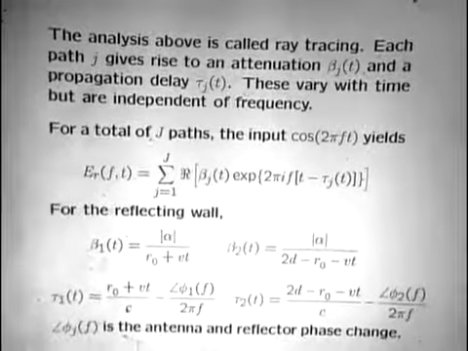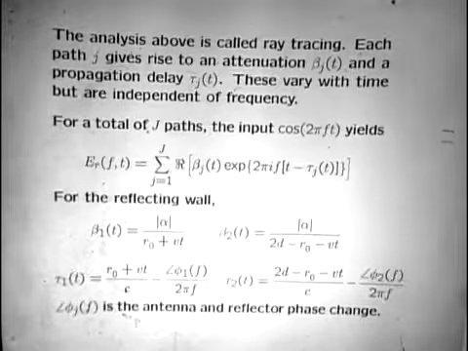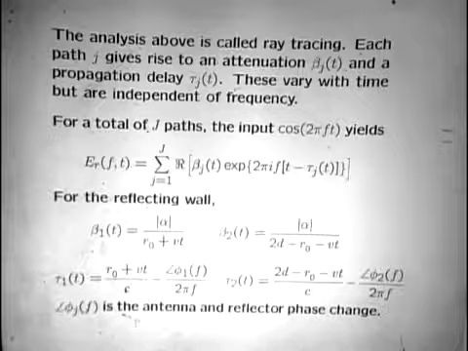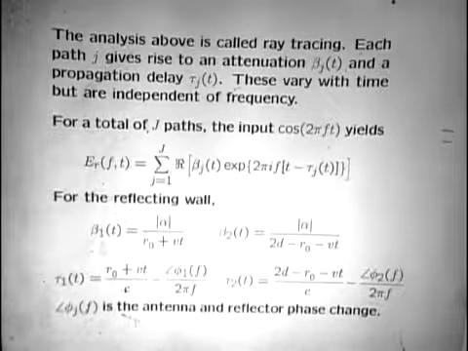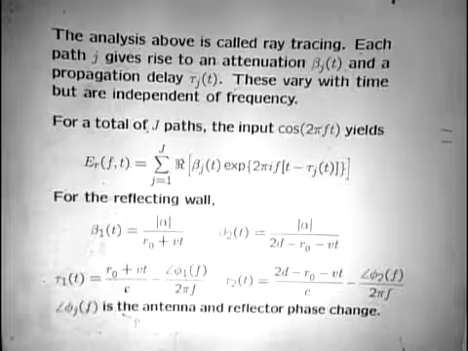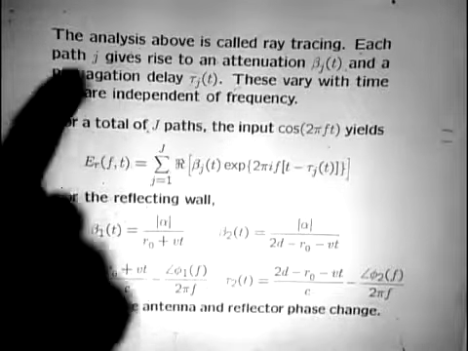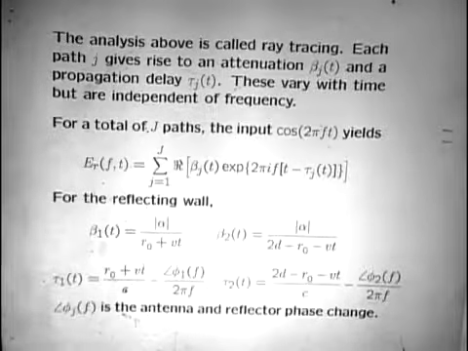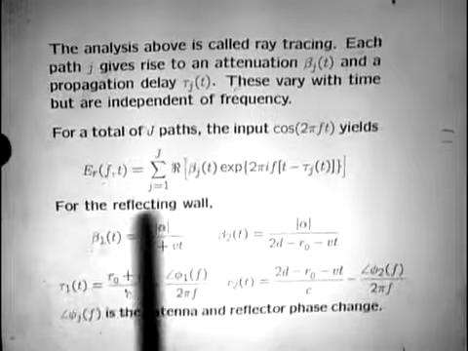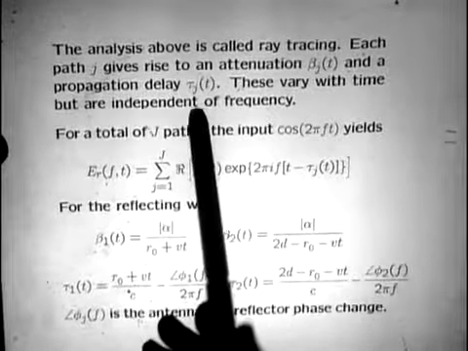Well, everything that we've done so far is called ray tracing. So in fact, even with all the complexity that we're dealing with now, we have highly oversimplified it. Each of these paths that we have is going to give rise to an attenuation. We'll now call the attenuation beta sub j of t, and a propagation delay, which we'll call tau sub j of t.